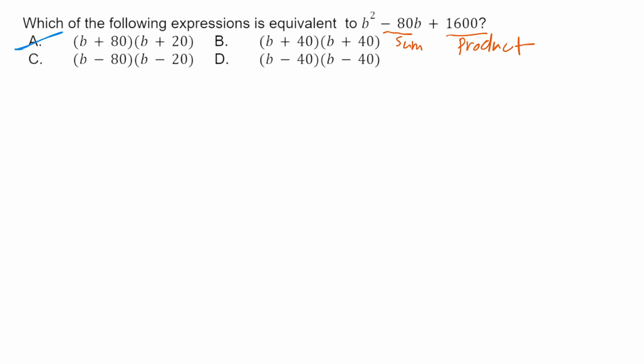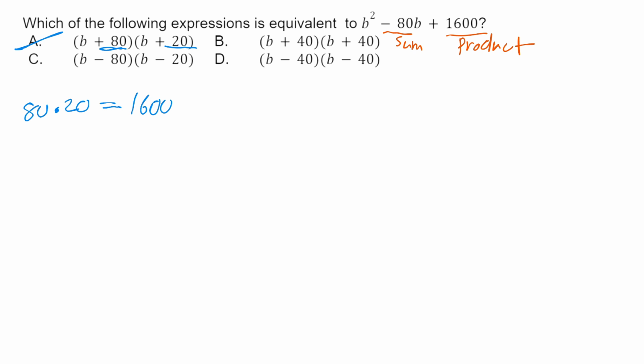So b plus 80 and then b plus 20. So what are the numbers? We have 80 and 20, both positive. Let's check. What is the product of 80 and 20? What is 80 times 20? The answer is 1600.